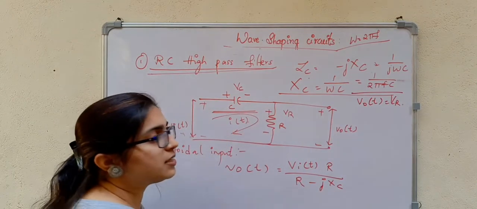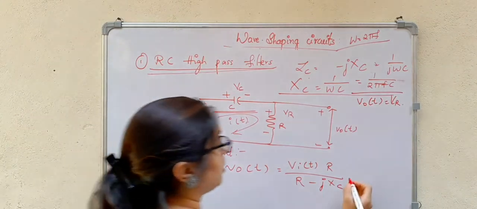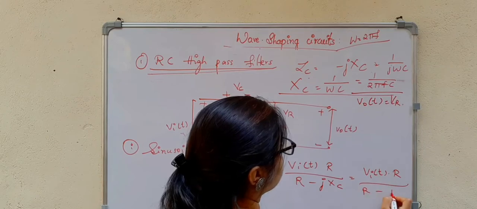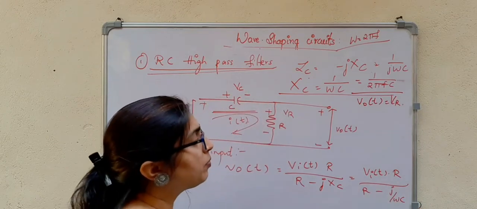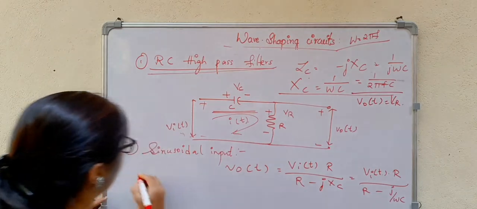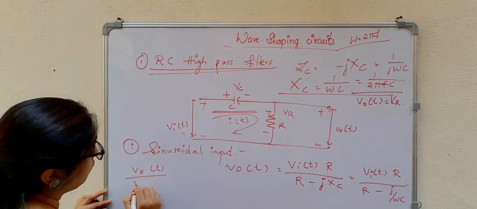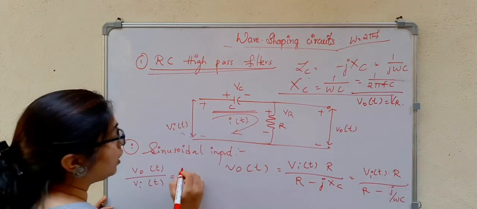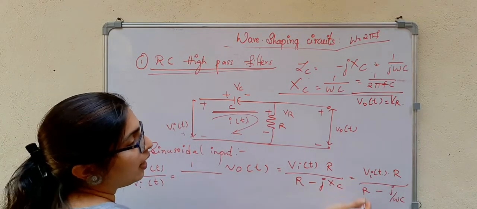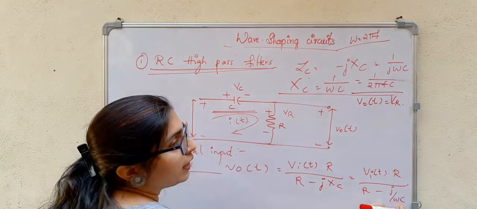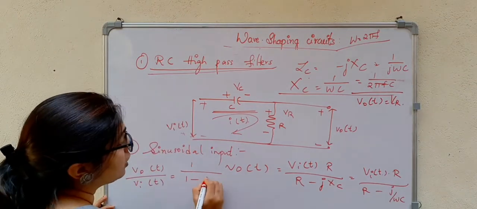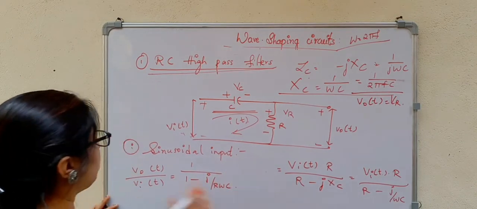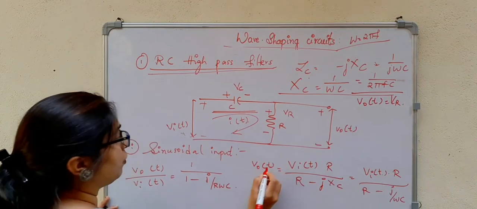This can also be written as Vi(t) into R divided by R minus j by omega C. If I take Vi(t) to the denominator, we have Vo(t) divided by Vi(t) equal to, taking R common, R and R get cancelled, and in the denominator we have 1 minus j by R omega C. This is the expression for Vo(t) divided by Vi(t).